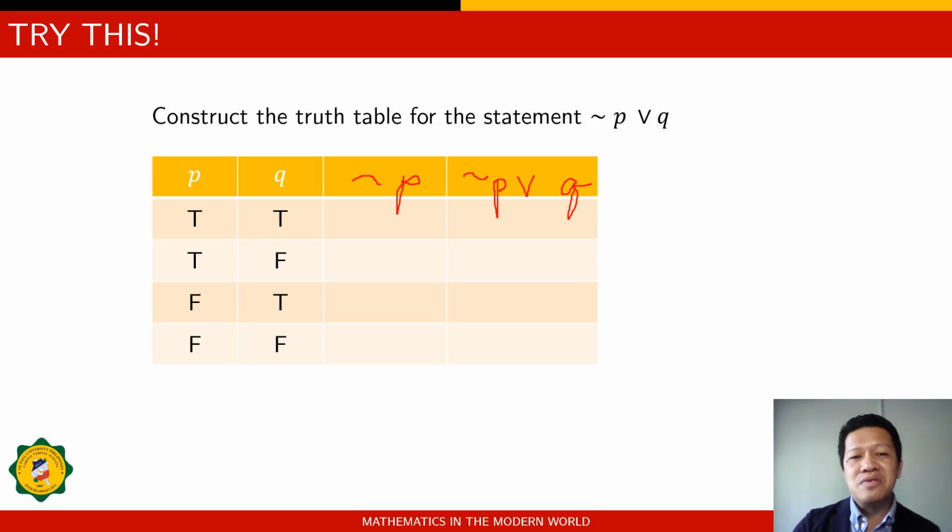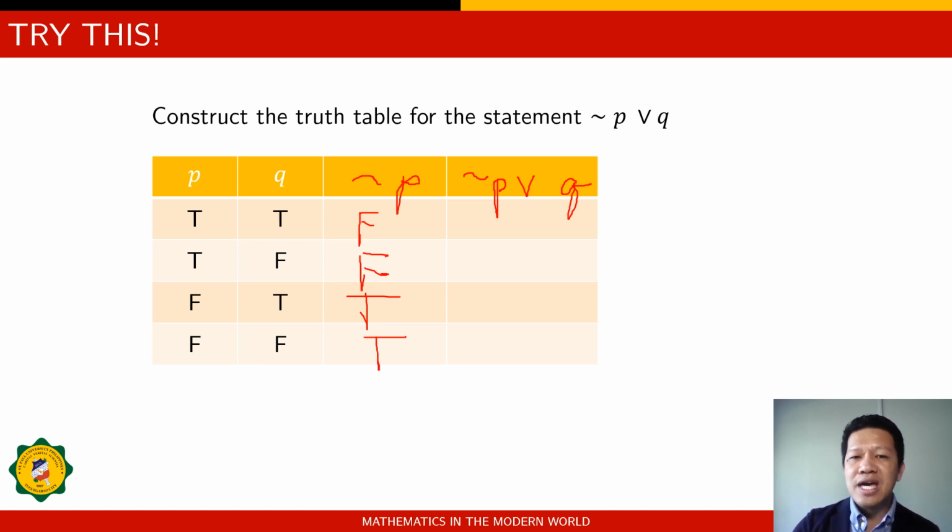So we need to get first the not P, that's the negation of this P here. If P is true, then not P will be F, false. If this is true, that will be false. And if it's false, the negation will be true. And this is false, the negation is true.